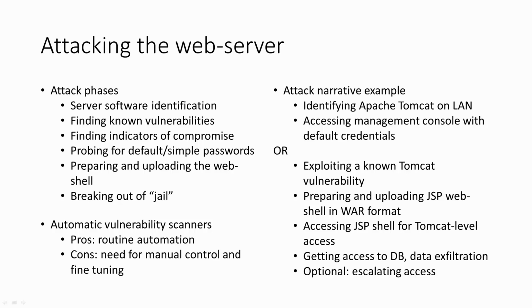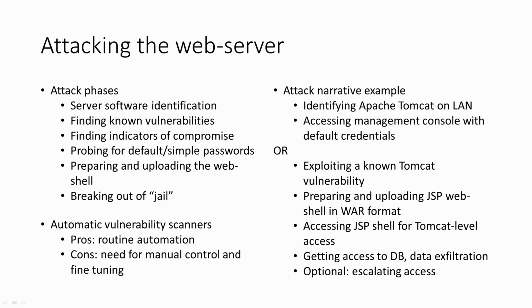So once we have identified the web server software, we have to find information about basically three things. There are three common ways to get into this web server environment.